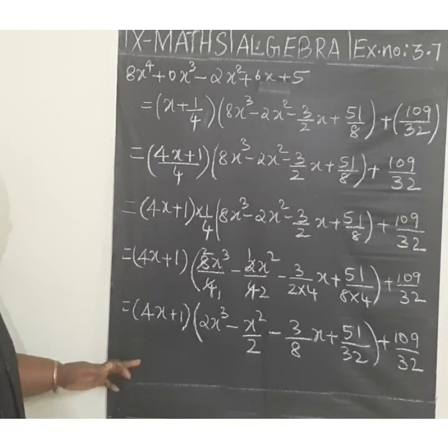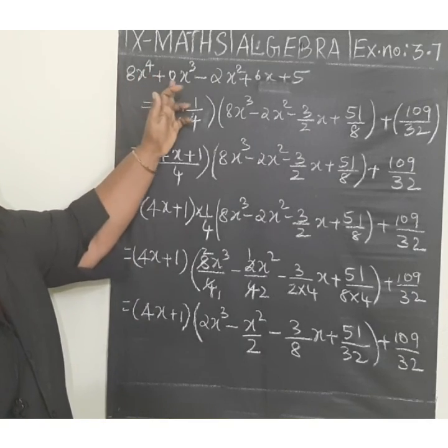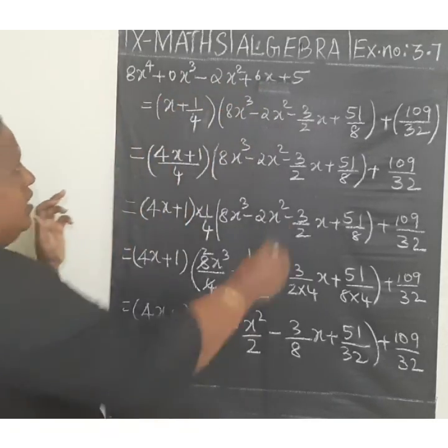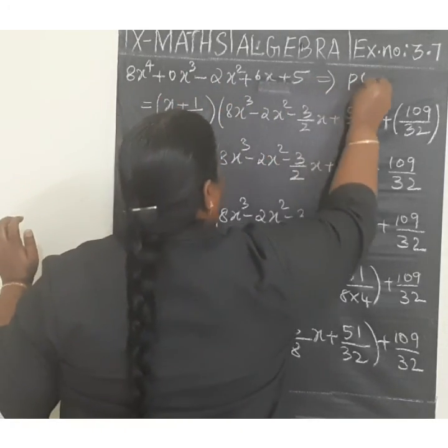Now we got this one. Here 8x power 4 plus 0x cube minus 2x square plus 6x plus 5, we have taken as our P of x.